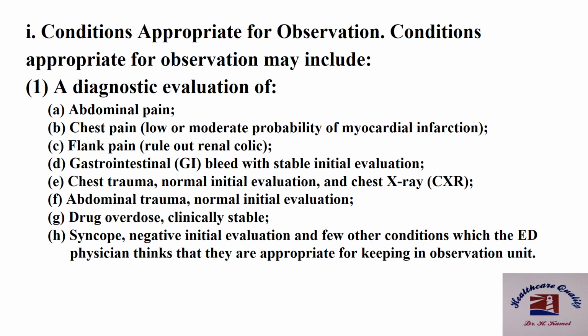A diagnostic evaluation of abdominal pain, chest pain with low or moderate probability of myocardial infarction, flank pain rule out renal colic, gastrointestinal bleed with stable initial evaluation, chest trauma with normal initial evaluation and chest X-ray, abdominal trauma with normal initial evaluation, drug overdose clinically stable, syncope with negative initial evaluation, and a few other conditions which the ED physician thinks are appropriate for keeping in the observation unit.